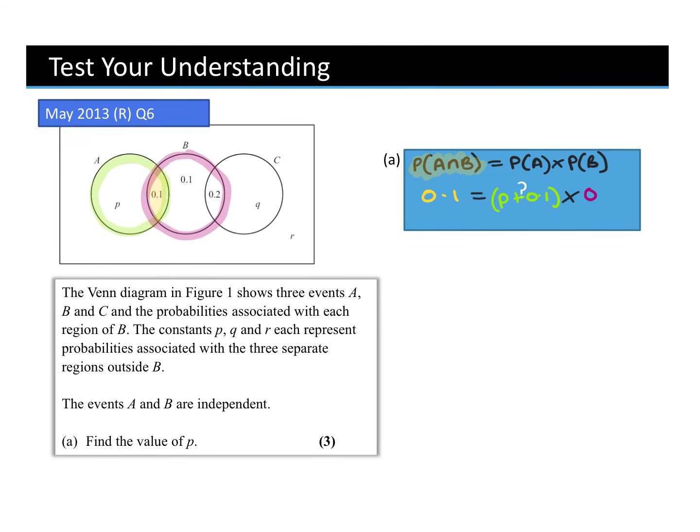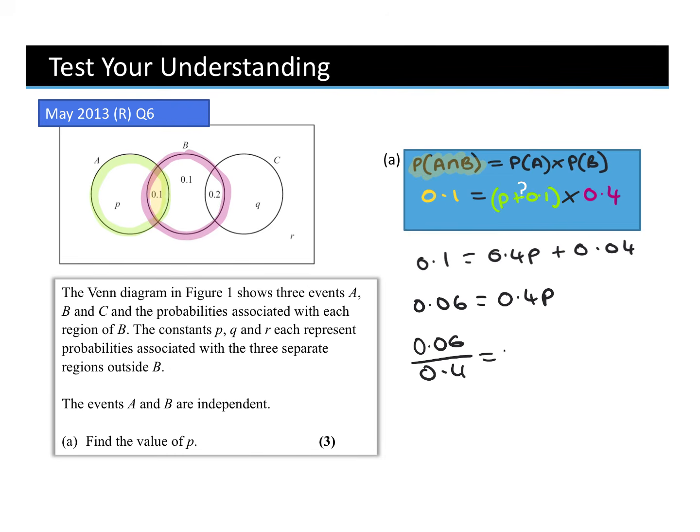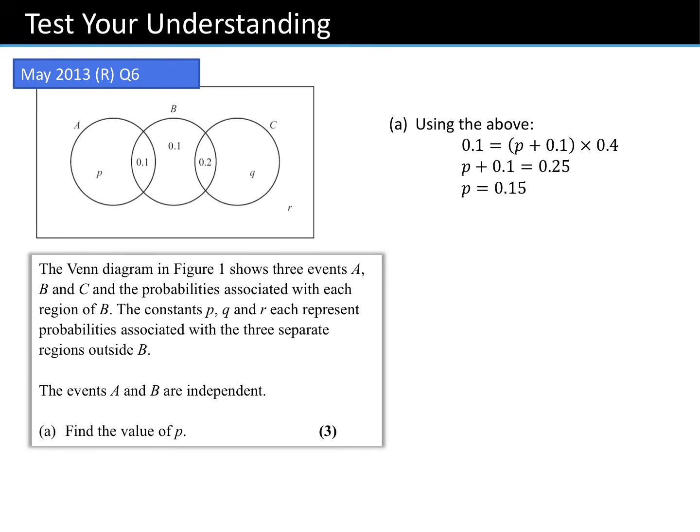So now I'm going to multiply this out. 0.1 equals 0.4p plus 0.04. So then we're going to get 0.06 equals 0.4p. Divide both sides by 0.4. P equals 0.15. So there we've worked out. Easy 3 marks.